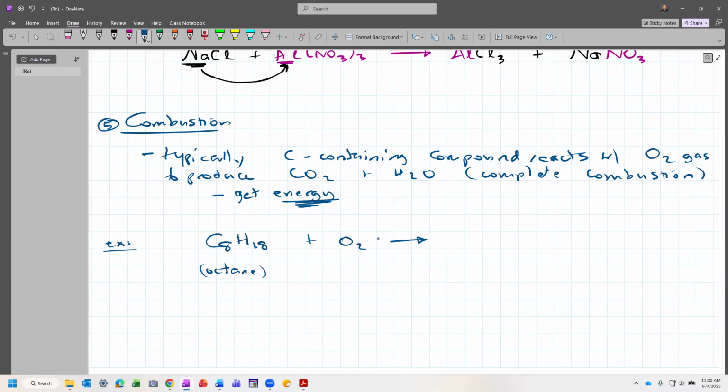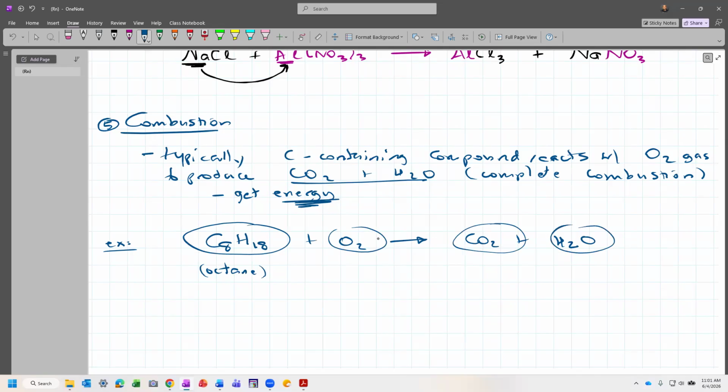So complete combustion, we're going to get CO2. So we know what the products are going to be because I just told you what they are. And we're going to get H2O. And then you obviously need to balance this reaction, which may take several steps. But the point here is you have a carbon-containing compound reacting with oxygen. And for complete combustion, we're going to get CO2 and H2O.